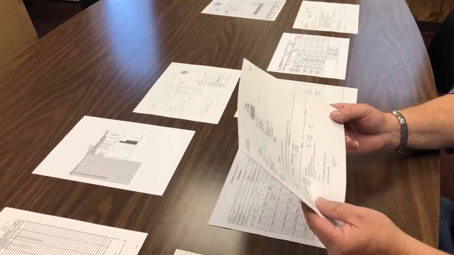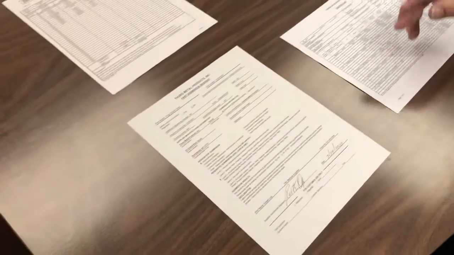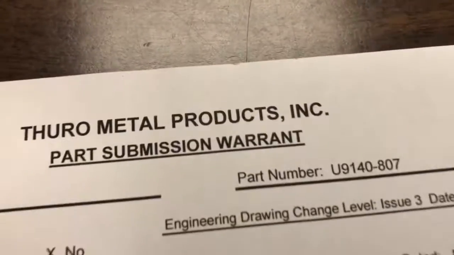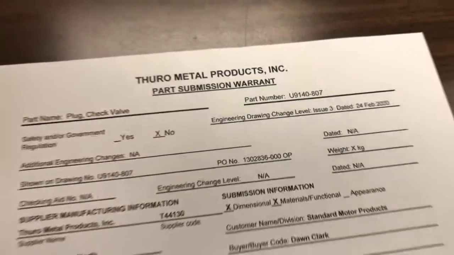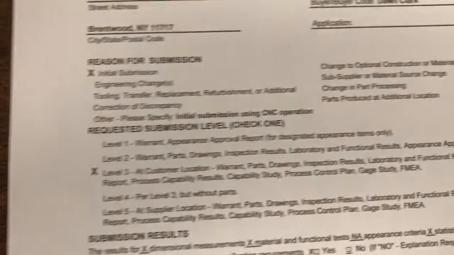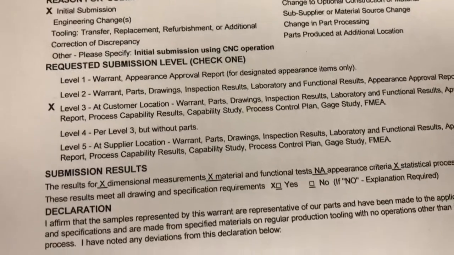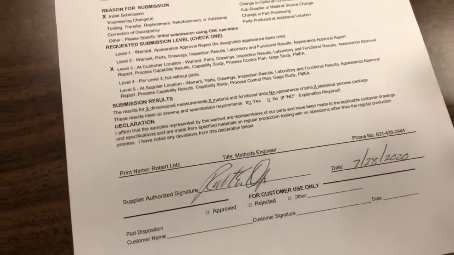So we take this information and then it's documented. We start out with what we call a part submission warrant. That's part of the PPAP process, and it gives the information about the specific part. We have different levels of PPAPs. Some of them are level 1, some of them are level 2, level 3.